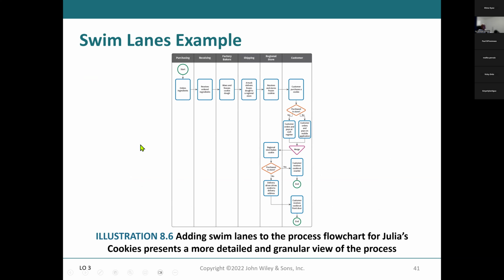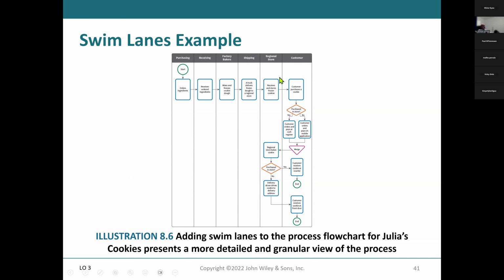And this would be an example of swim lane. So again, you have a flowchart, and within this particular flowchart, you have various departments, various responsibilities. So it's just telling you this is department 1, department 2, so on and so forth.